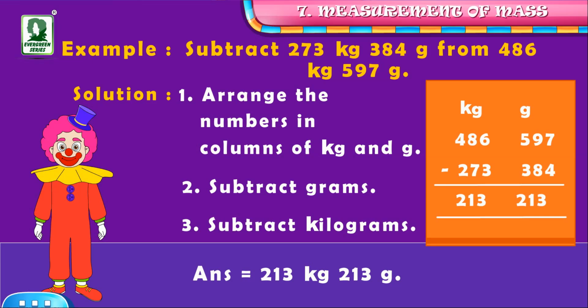Subtract grams, that is 384 g from 597 g, which is equal to 213 g. Step 3. Subtract kilograms, that is 273 kg from 486, which is equal to 213 kg. Thus, the answer is 213 kg, 213 g.